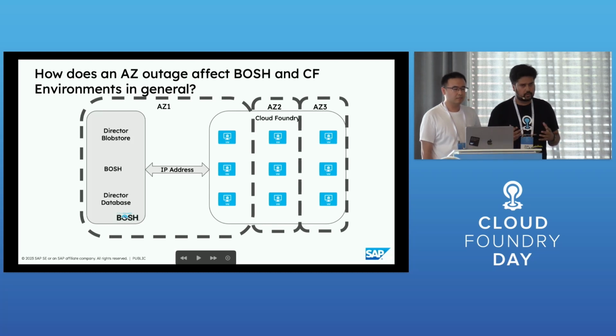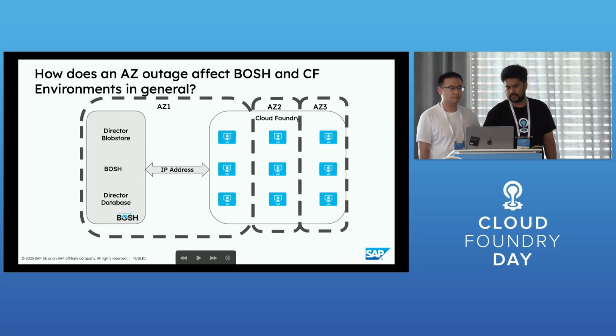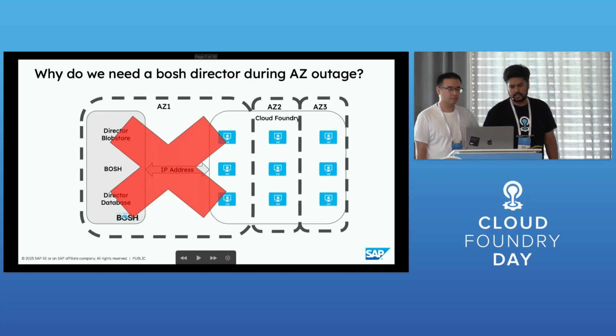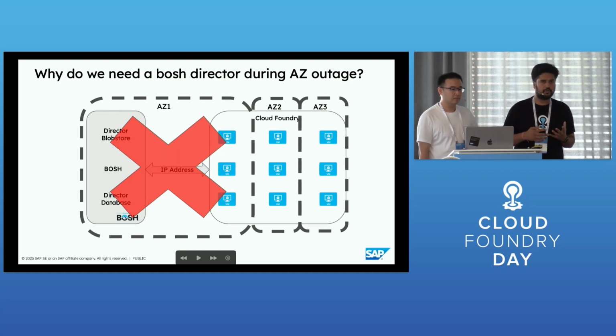We just want to imagine and think about what could happen in case there is an AZ1 outage, and how we survive it. Suppose this AZ1 is gone, and so is our BOSH director and a few VMs in the Cloud Foundry setup. There's a question we need to think about: why would having BOSH be important in such a scenario?